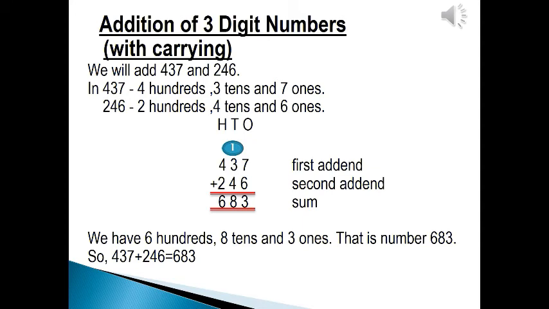Now, add tens column. 1 plus 3 is equal to 4 and 4 plus 4 is equal to 8. Now, we will add hundred column. 4 plus 2 is equal to 6. So, we have 3 ones, 8 tens and 600. That is the number 683.